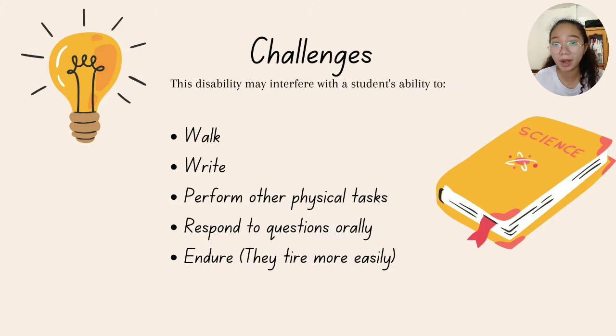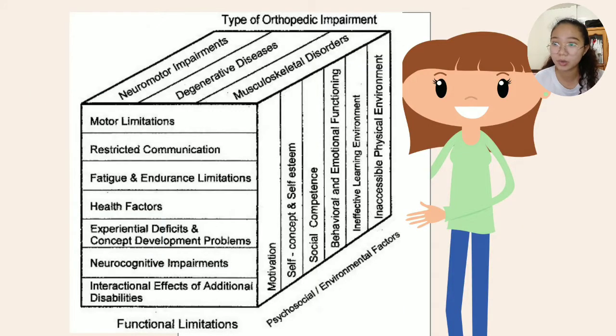Students with orthopedic impairments will likely have a variety of needs, influenced by the type of limitations they experience with their disability. Heller and Swinehart-Jones in 2003 developed the following model, which depicts the impact of orthopedic impairments on educational performance.